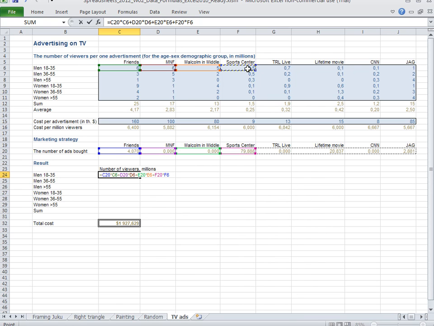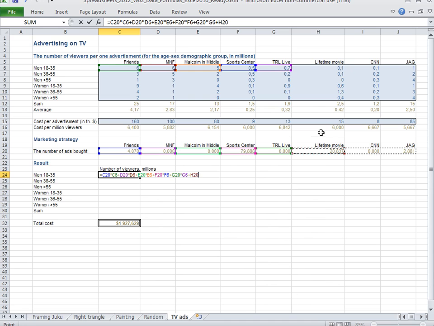Okay, so that's how, regarding our decision, we are calculating how many men of 18-35 we reached with our different advertisements. Let's go on until the end the same way.